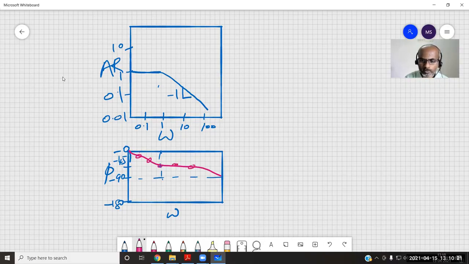We can simply mark the starting point, the midpoint and the last point. The last point is obviously -90, the midpoint is -45, and the starting point is 0. Knowing just these three points is enough. Normally we make much more use of the amplitude ratio plot than this phi plot.